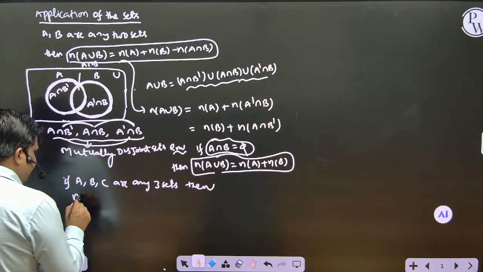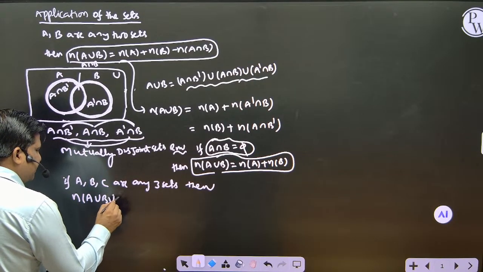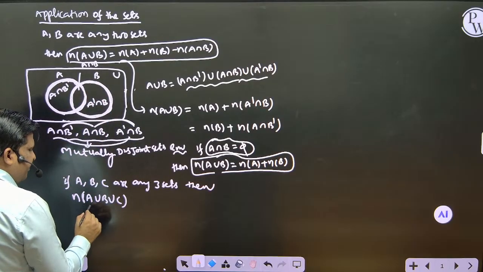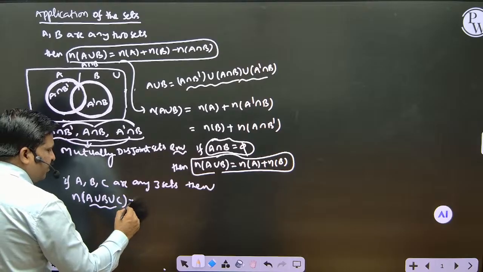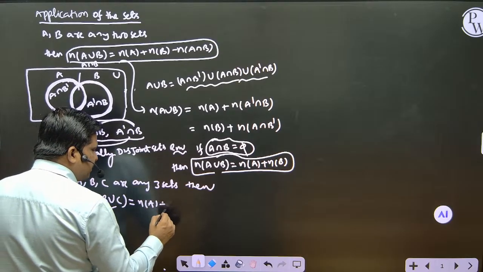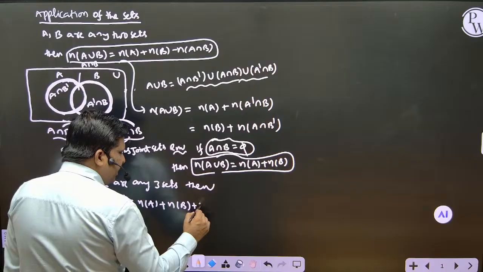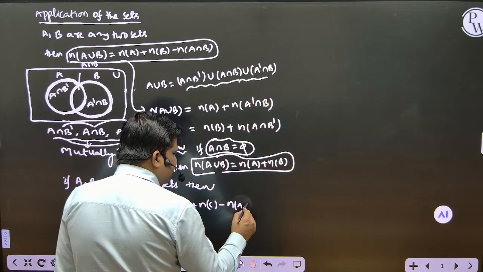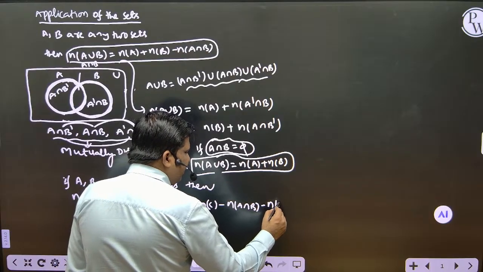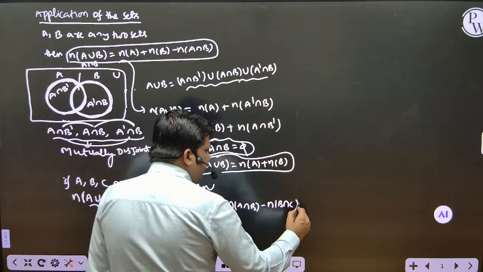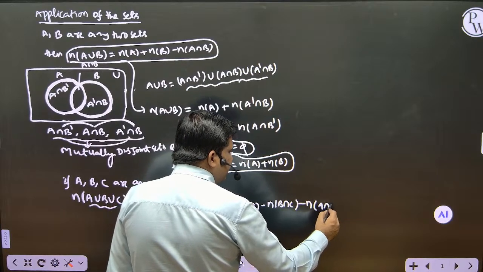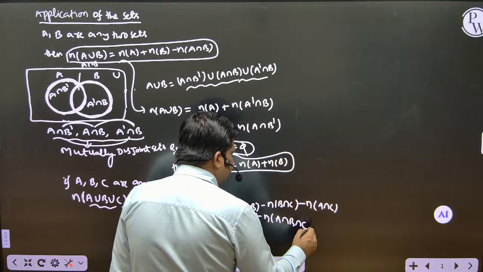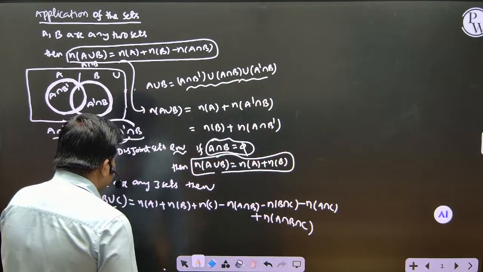Then n of A union B union C, just like this one but here we have three sets. The formula is n of A plus n of B plus n of C minus n of A intersection B minus n of B intersection C minus n of A intersection C plus n of A intersection B intersection C. And this is the formula.